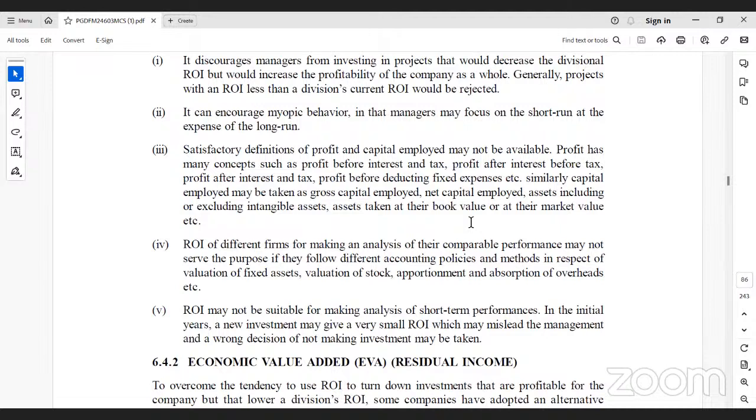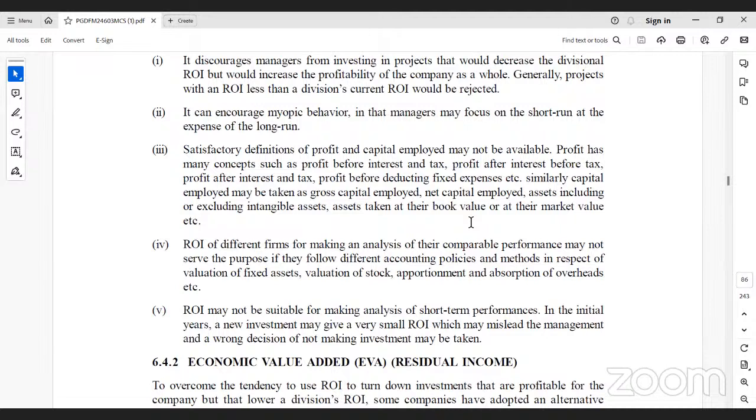Profit may be taken as profit before tax, after tax, or profit before interest and taxes. Similarly, capital employed may be taken as gross capital employed or net capital employed, including or excluding intangible assets like goodwill, patents, copyrights, and trademarks.